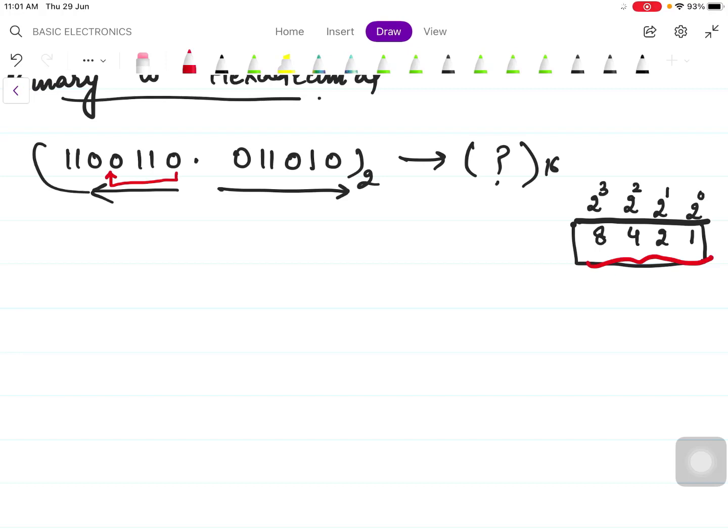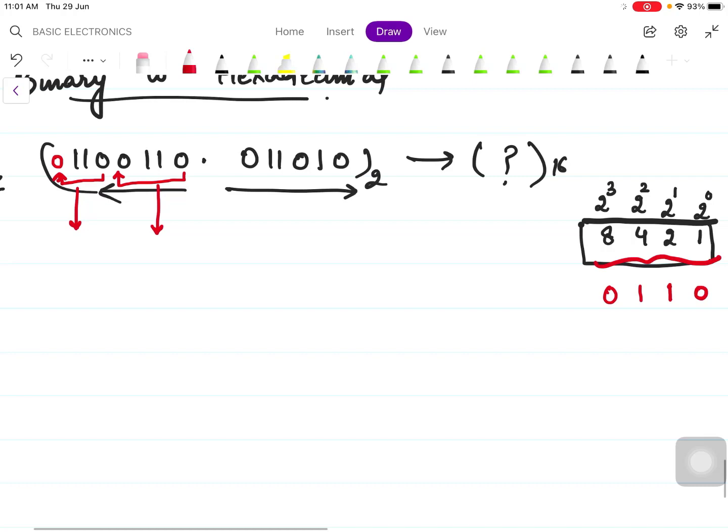And the next part which is left, 0, 1, 1, remains short of 1 digit. So I will add a 0 here and make it a group of 4. Now this is first group, this is second group. I will place now these groups under this code 8421. So my first group was 0110.